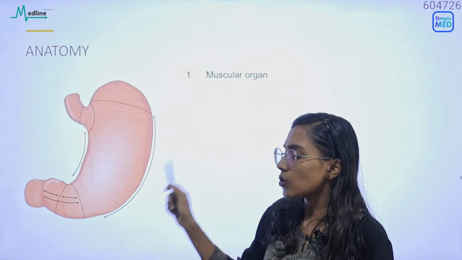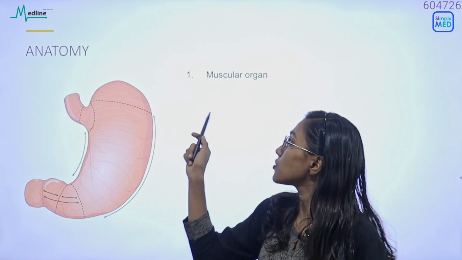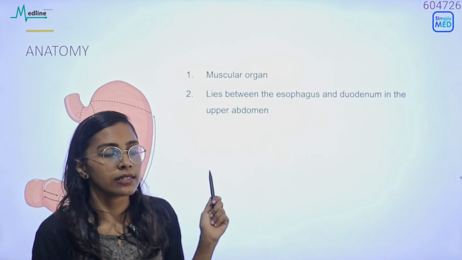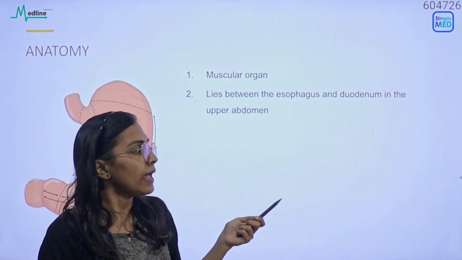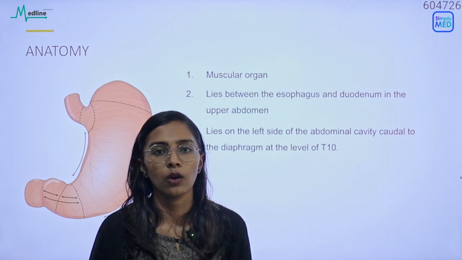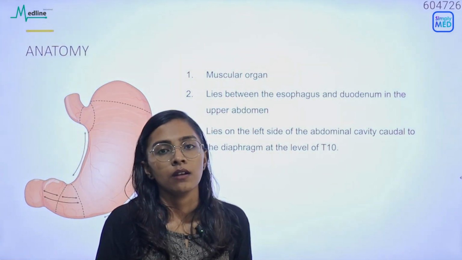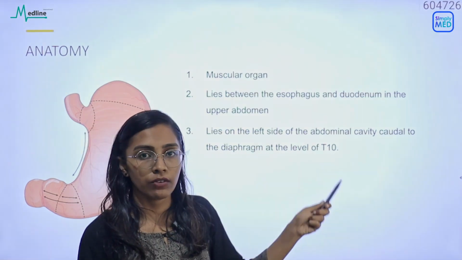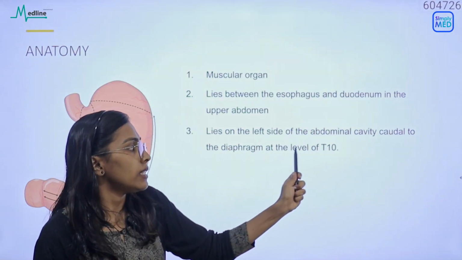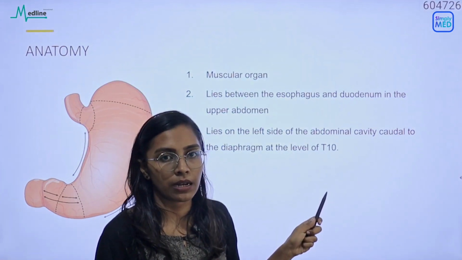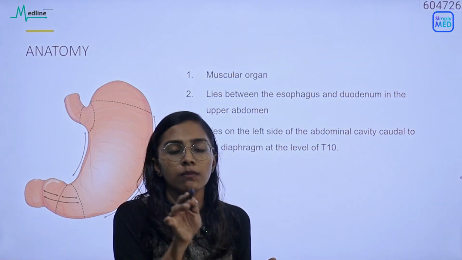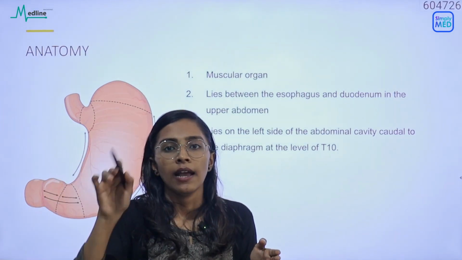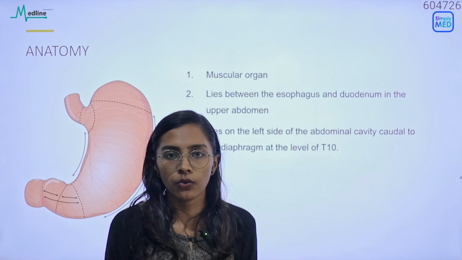Again, the stomach is a J-shaped muscular organ, and it lies between the esophagus and duodenum in the upper abdomen. On which side does the stomach lie, right side or left side? Left side. The stomach lies on the left side of the abdominal cavity, caudal to the diaphragm at the level of T10 vertebra. So the stomach lies below the diaphragm on the left side, at the level of the 10th thoracic vertebra.